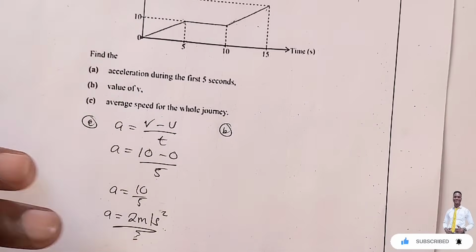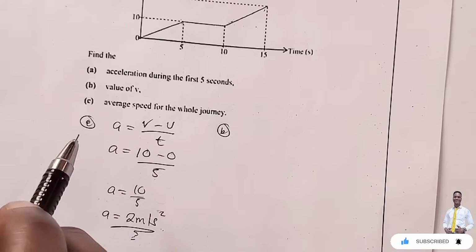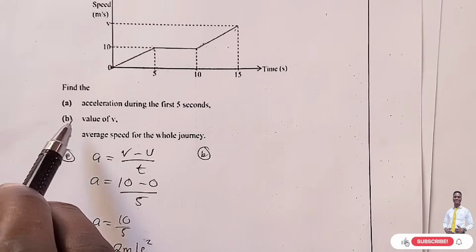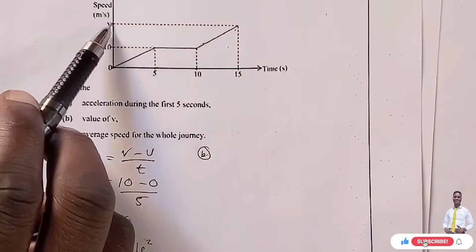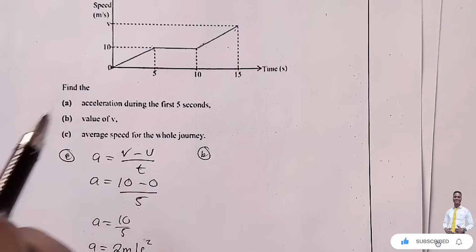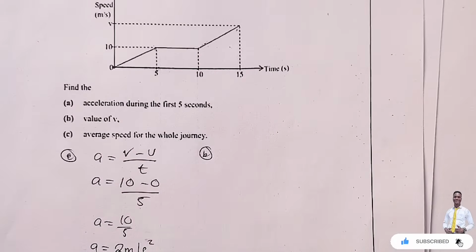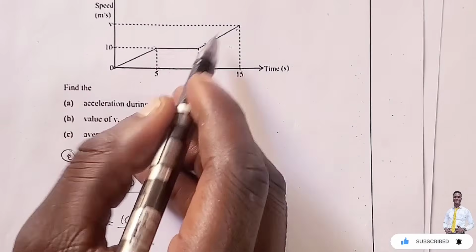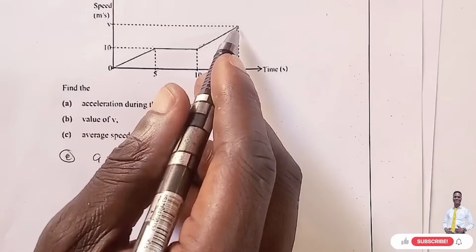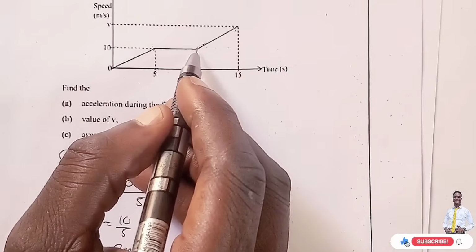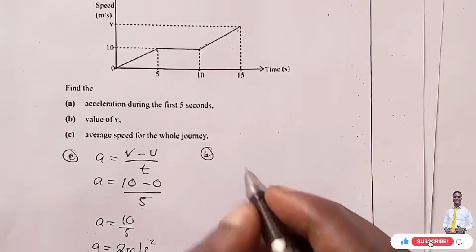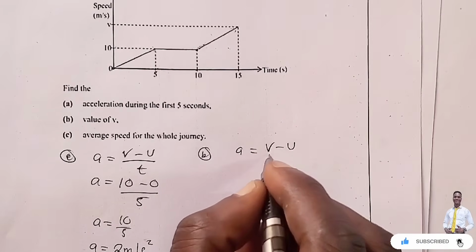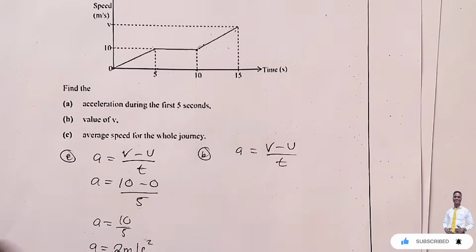Here we are told to find the value of v. To find the value of v, check nicely. We are given acceleration here, and this is the acceleration from this point up to this point, so we're still going to use the formula for acceleration. Acceleration is equal to final velocity minus initial velocity over time taken.